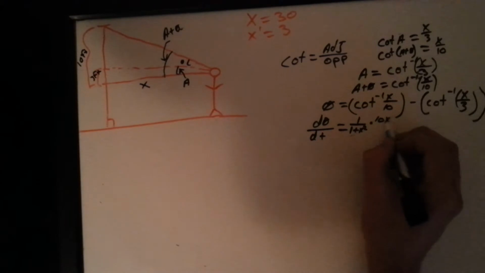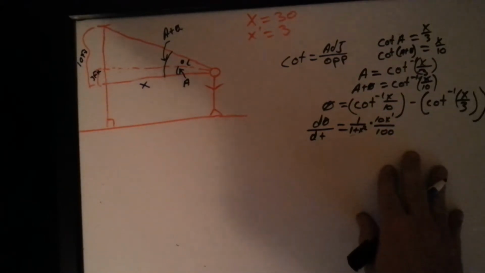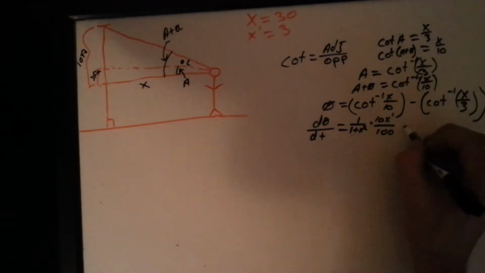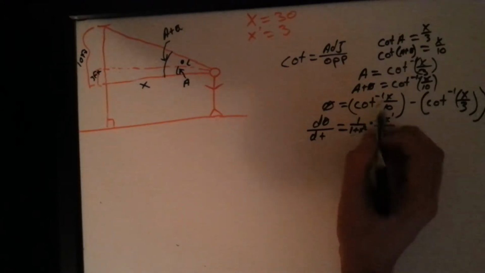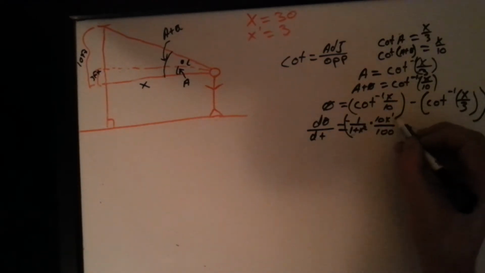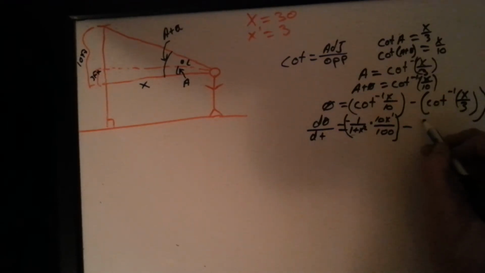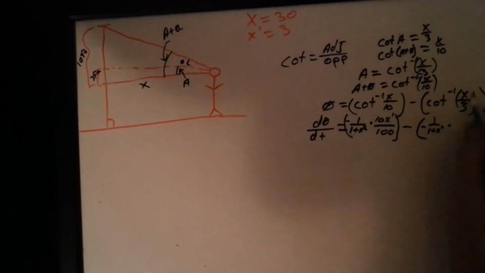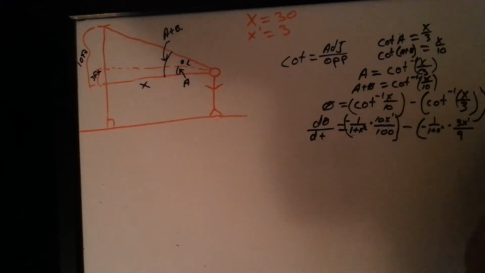So that's 10x prime over 100 minus, and the derivative of the inverse cotangent is actually a negative, minus the derivative of the inverse cotangent, which is 1 over 1 plus x squared, times the derivative of x over 3 with respect to time. So it's 3x prime over 9.